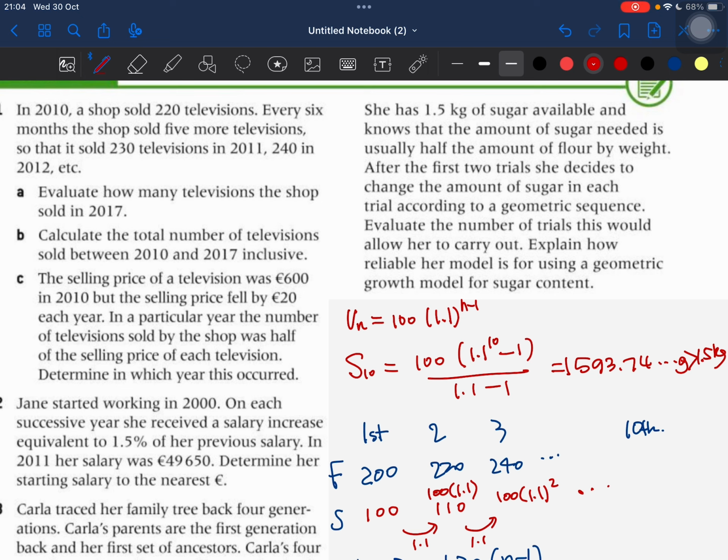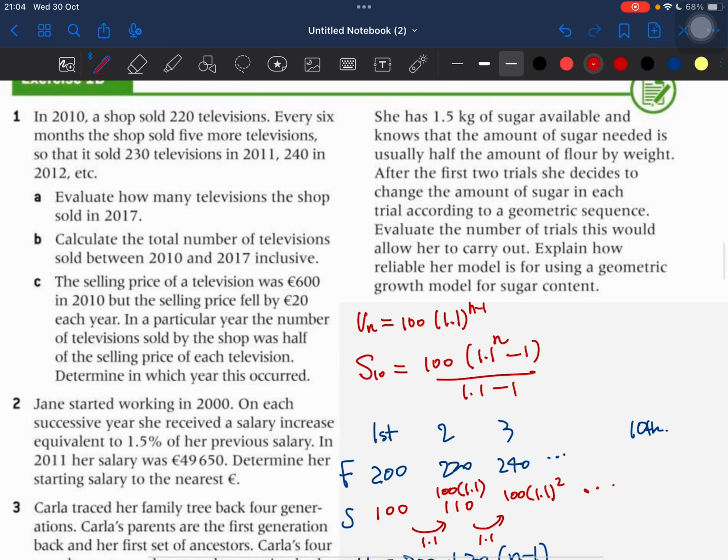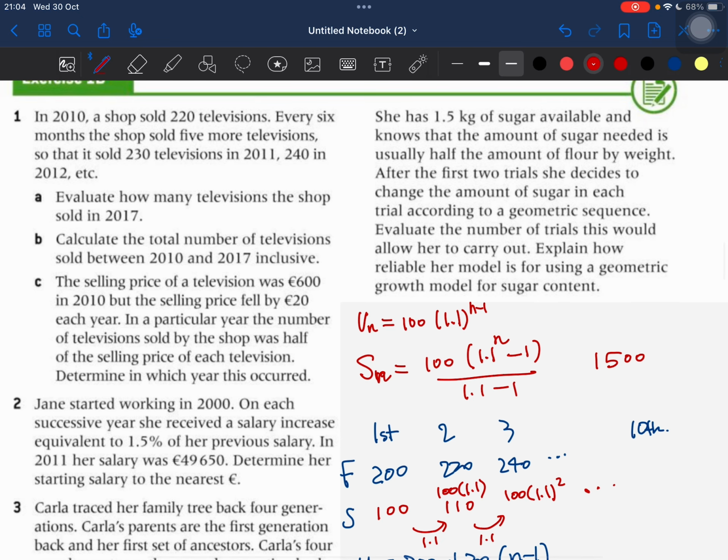Okay. So I did not do it properly. This is asking how many times she can do that with 1.5 kilograms. Since the left side is in grams, here also should be grams.